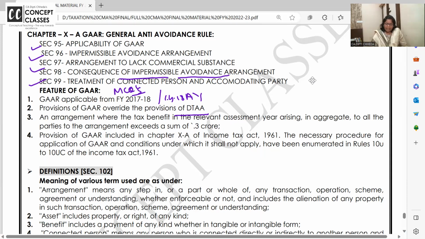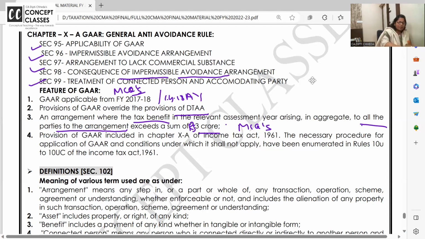Okay. An arrangement where tax benefit, not transaction value, tax benefit arising in aggregate to all the parties involved in that arrangement exceeds rupees 3 crore, तो ही GAAR applicable है. Mark it, very important for MCQs.